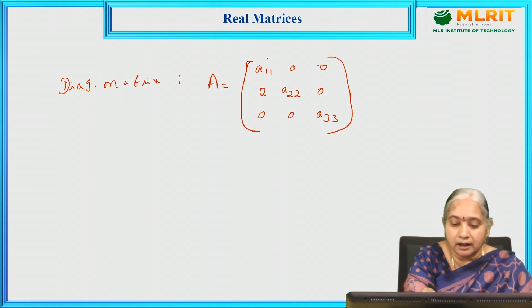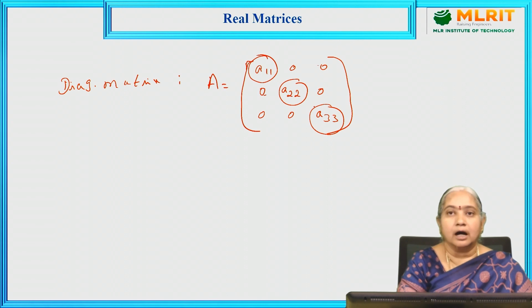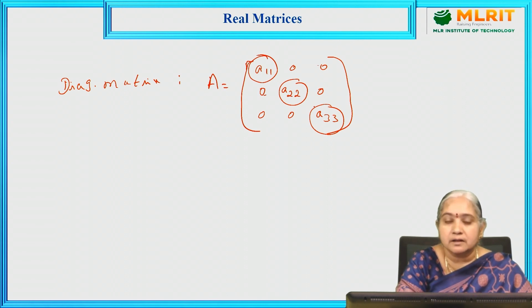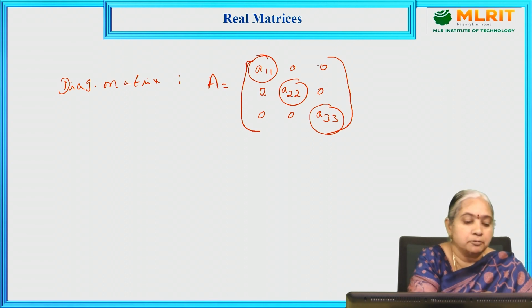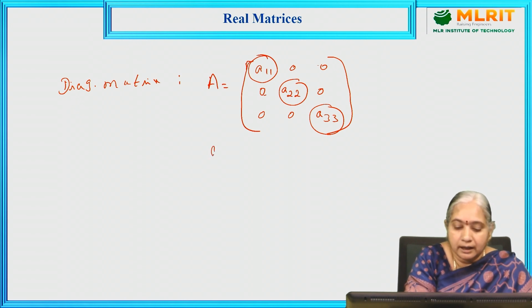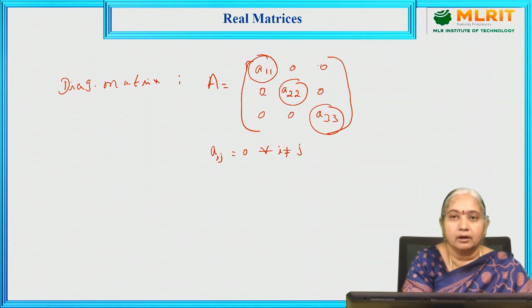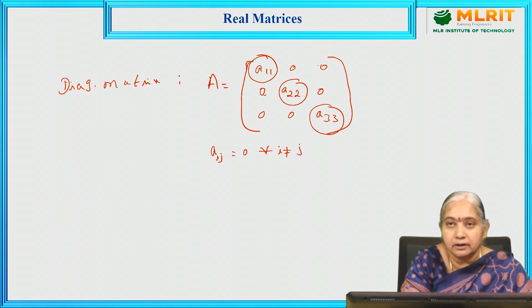Except the diagonal elements, all other elements of the matrix are 0, then that type of matrix is called a diagonal matrix. Aij equal to 0 for every i not equal to j. That means a12, a13, a21, a23, a31, a32, all these elements are zeros.